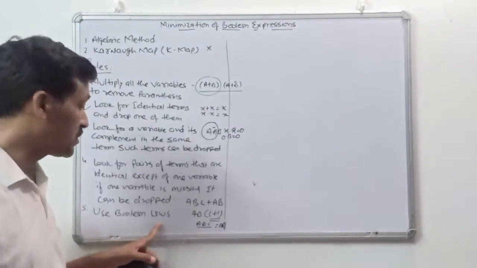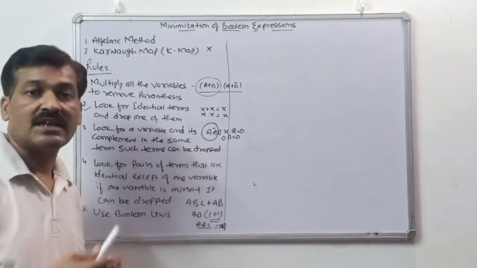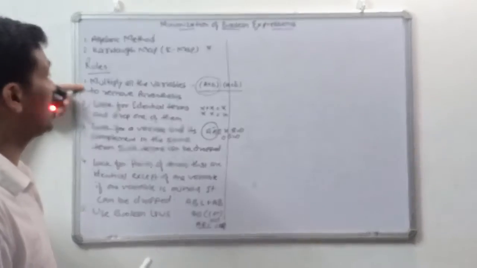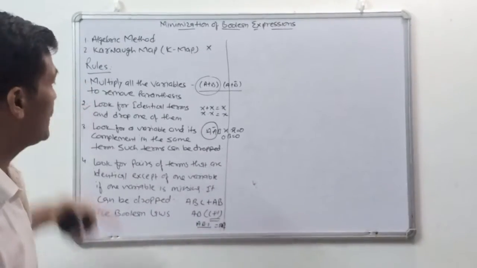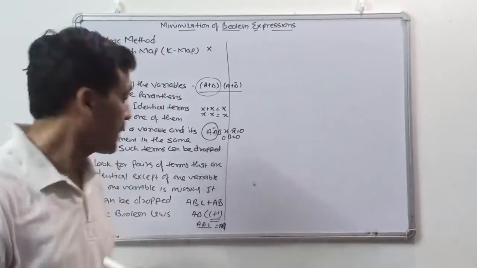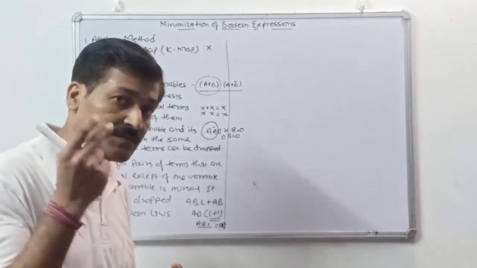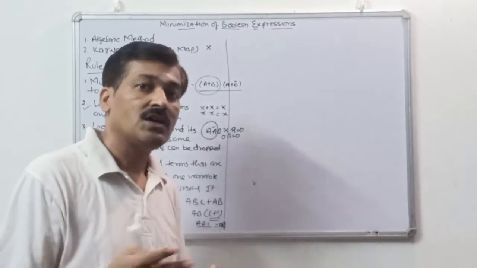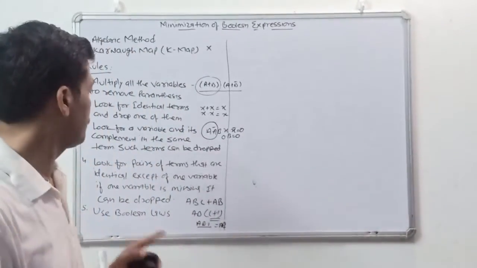Last one, use the Boolean laws to reduce the expression. First one is to multiply all the variables to remove parentheses. Second, look at the identical terms and drop one of them. Third, look for a variable and its complement in the same term; then the whole term will be eliminated or dropped.